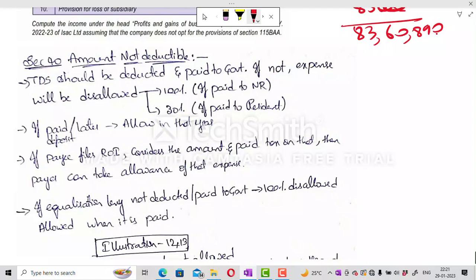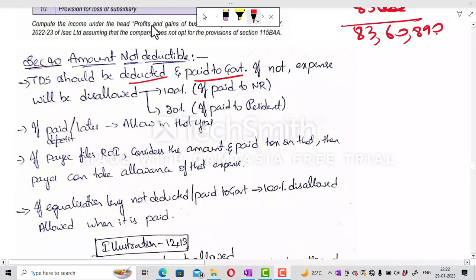TDS should be deducted. We cannot take these expenses if they have not deducted TDS and paid it to the government, or have not deducted it at all.